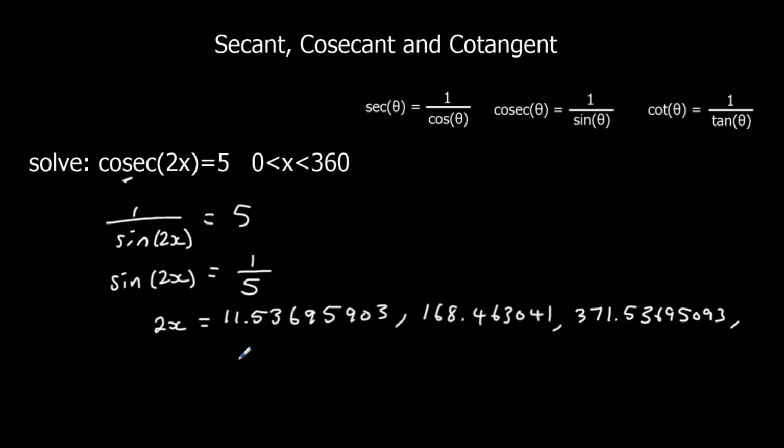And 528.463041. And now we're going to half these answers, so divide them all by 2. So the first one divided by 2 to 1 decimal place is 5.8.